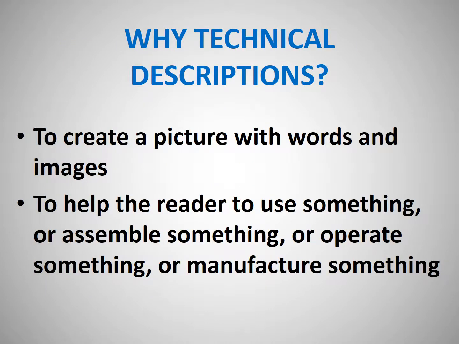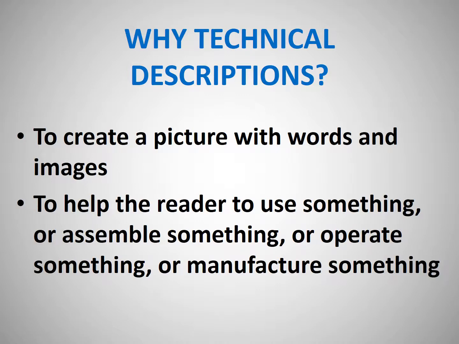Why do we need technical descriptions? Why do we need that goal? Firstly, to create a picture with words and images. So again, you're going to be using words and you're going to be using graphic information to help people see what you're describing.